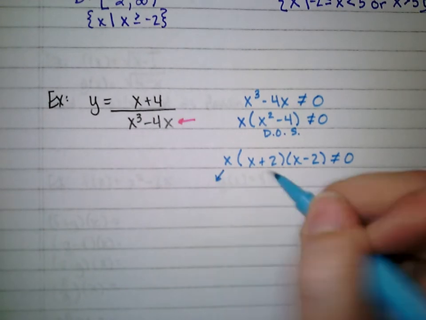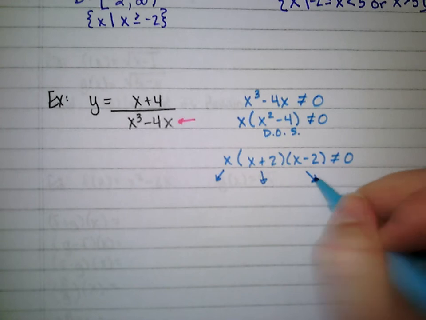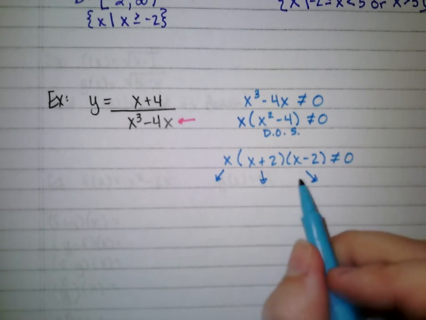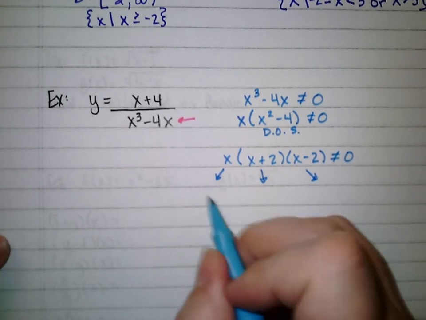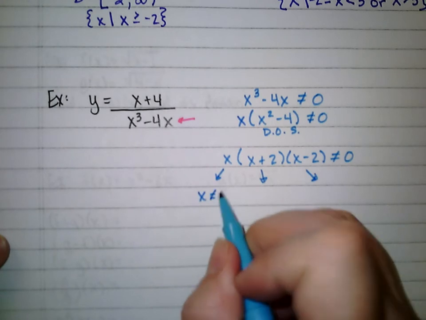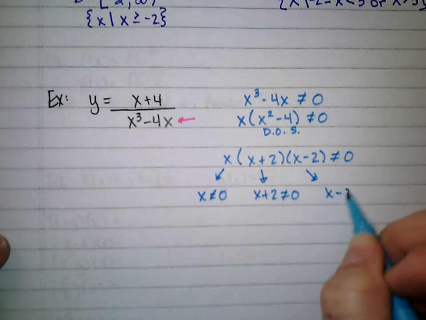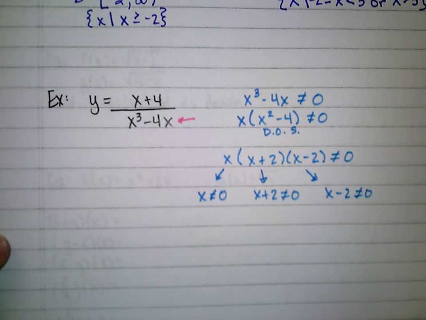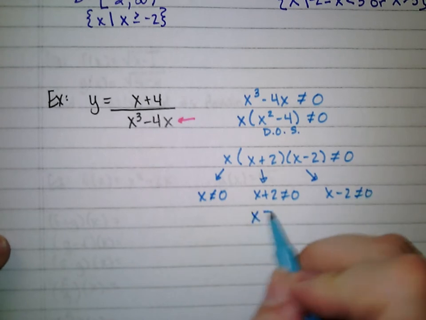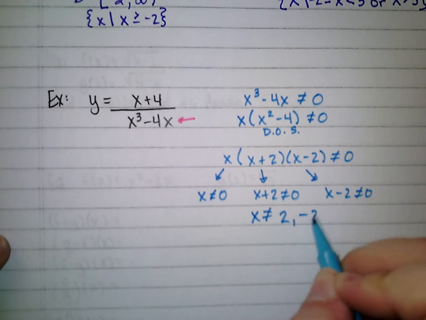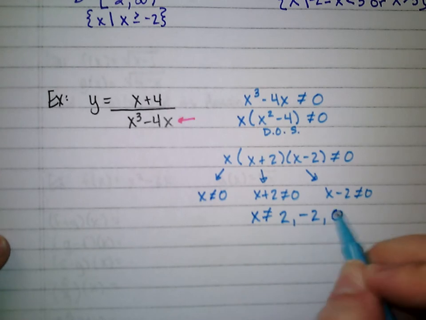Then I use the zero product property that says if I have things multiplied together and the product is 0, then either x has to equal 0, or x plus 2 has to equal 0, or x minus 2 has to equal 0. So that gives me that x cannot equal 2, -2, and 0, all three of those.